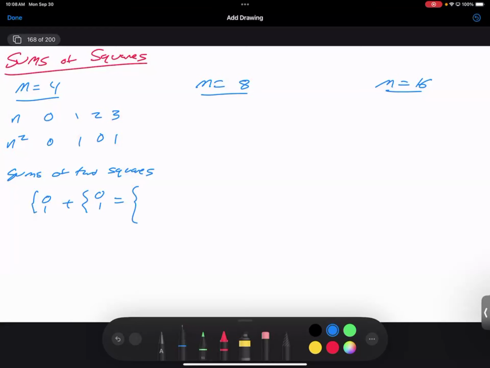I have 0 and 1 for the first component. I have 0 and 1 for the second component. What are the possibilities for the sums? I could have 0 plus 0 is 0. What else could I have? 0, 1, or 2.